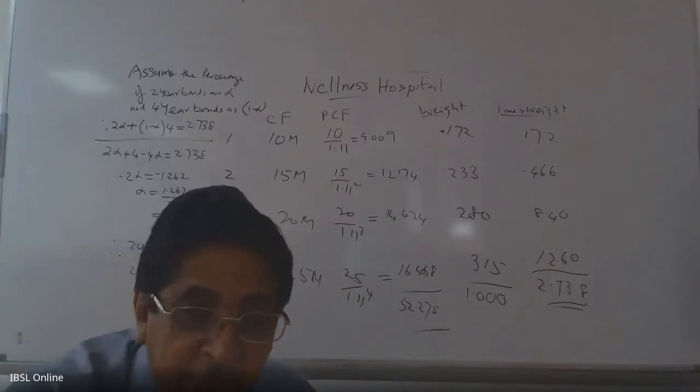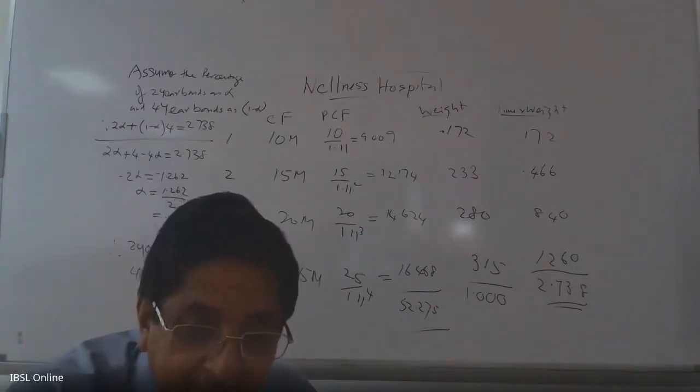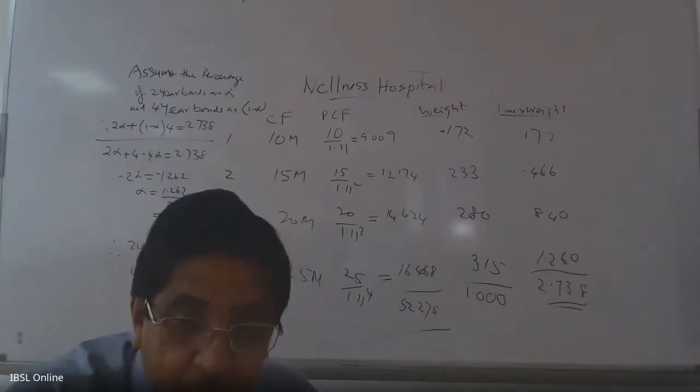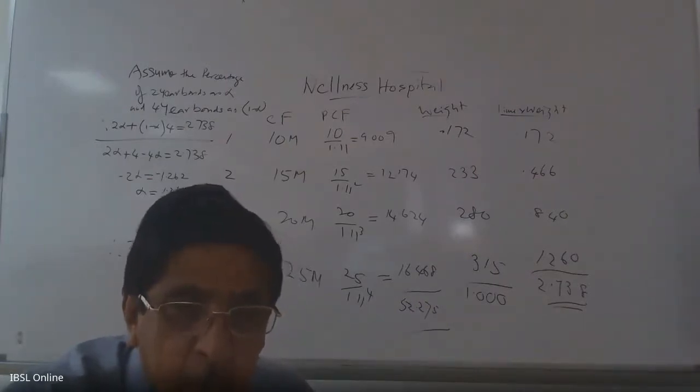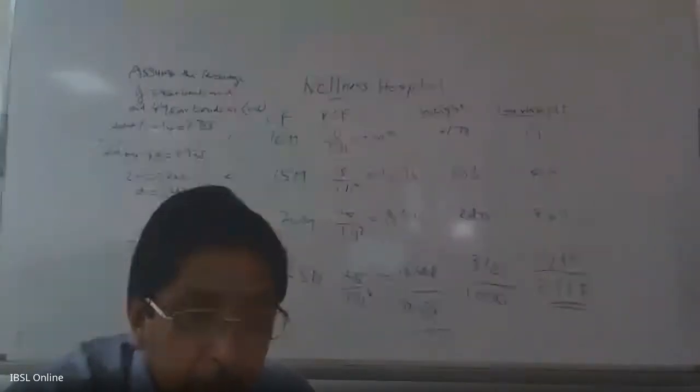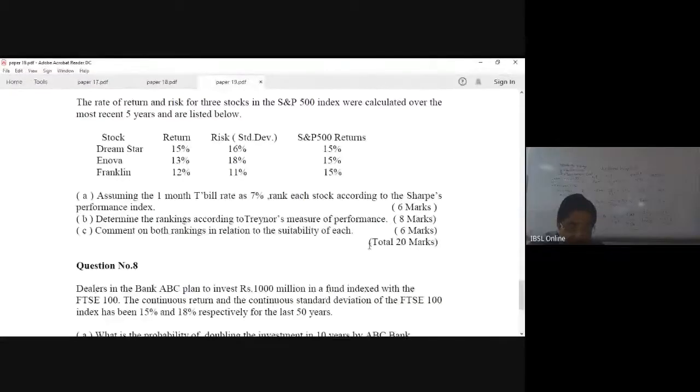Right? Can you try this particular one? Both the second part also you can do. Determine the rankings according to Treynor's measure. Now, in order to get the Treynor's measure calculated, you need to get the beta values also. Beta values are not given, but you have information which you can make use of in order to get the beta value calculated.